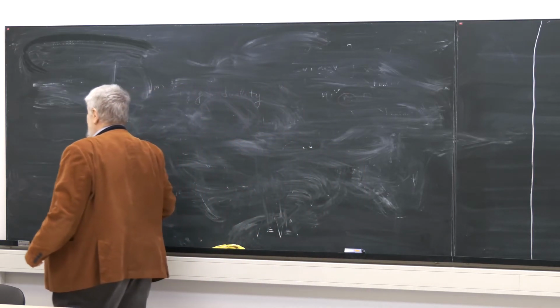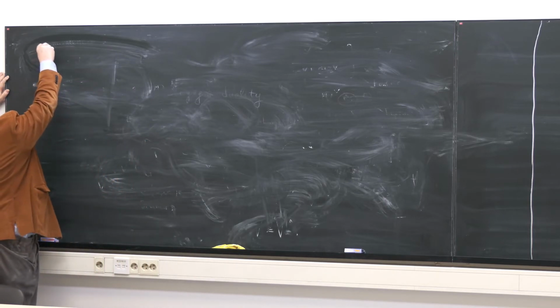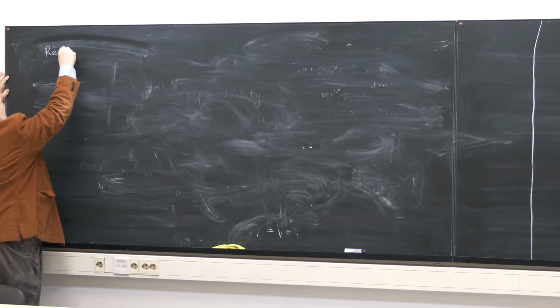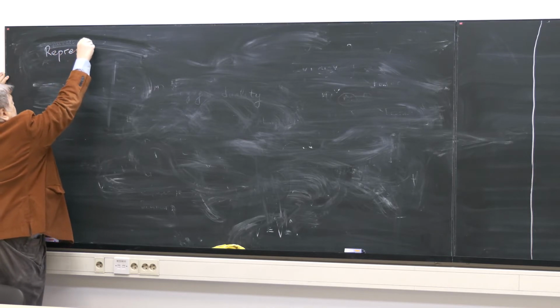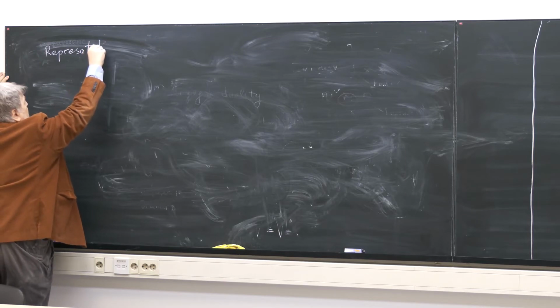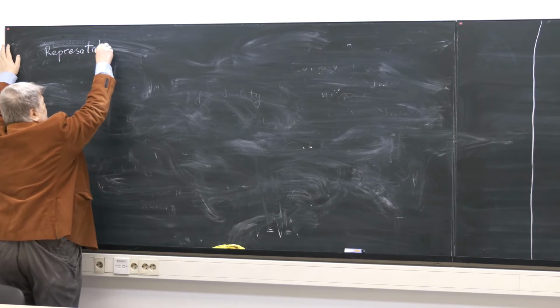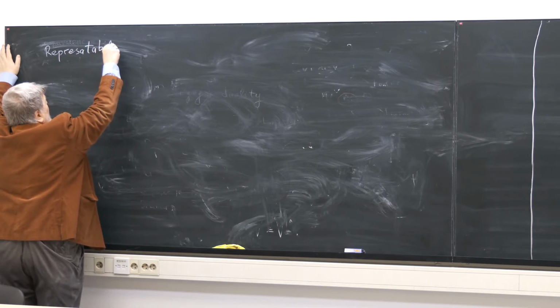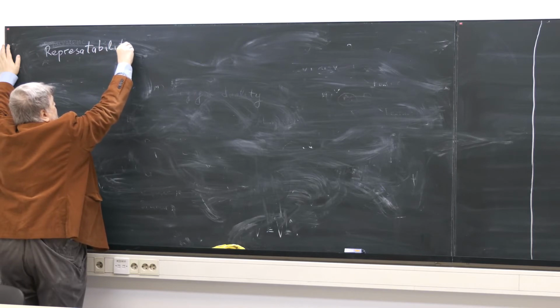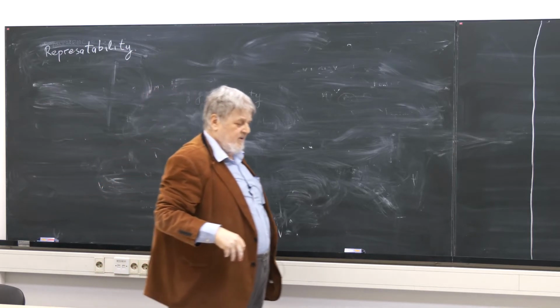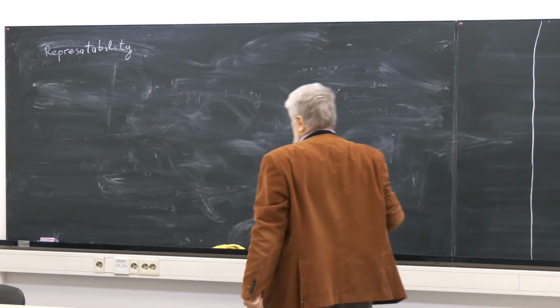So it's time to start discussing representable functors, or better, now let me think. There is an option, representable functors, or perhaps representability, because lots of functors are not obviously representable or non-representable.